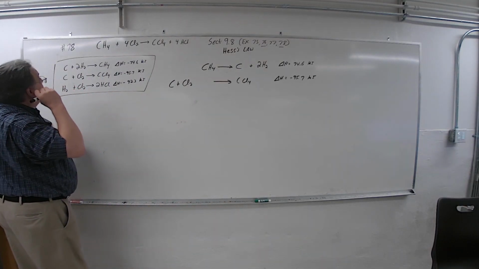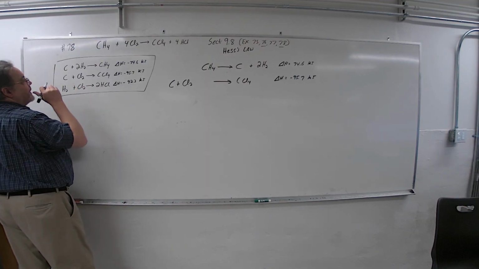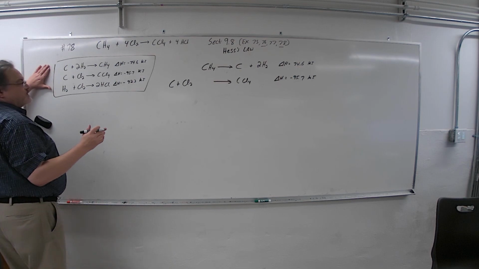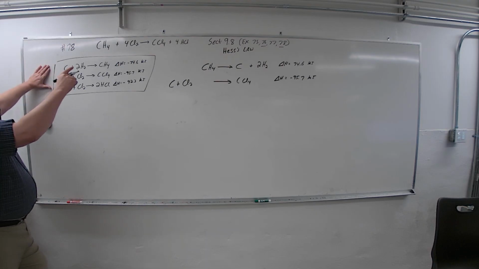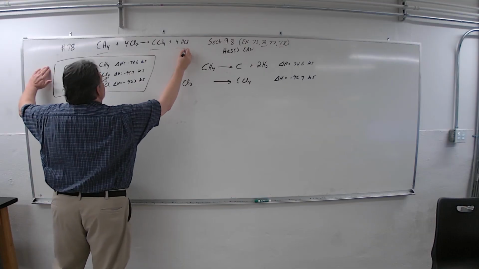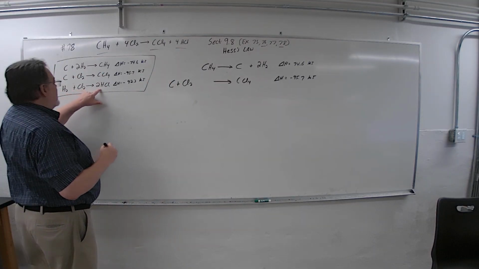I also need, so I skipped this one because I had 2 of them that had Cl. But if I go on, it's all going to work out because you're always going to be given equations that do what you want them to. CCl4, okay. I've got this on the left, I've got this on the right. I need this on the right. This one has HCl on the right, so I'm going to grab that one.